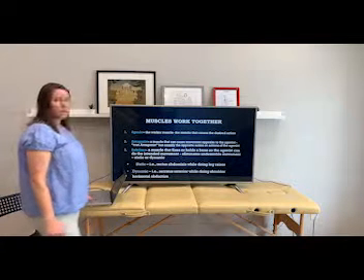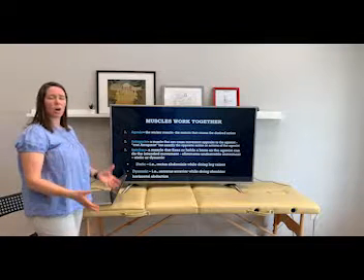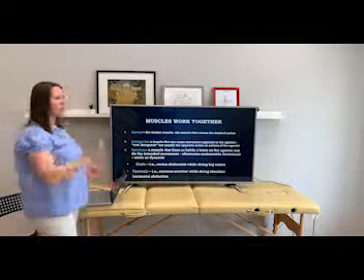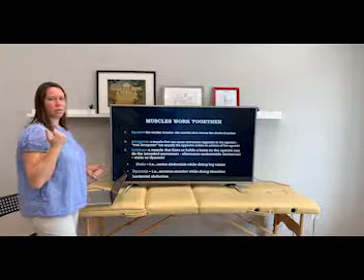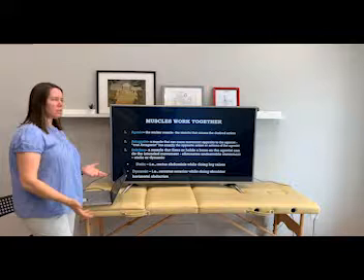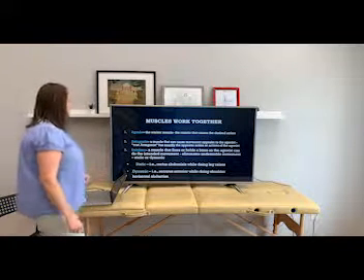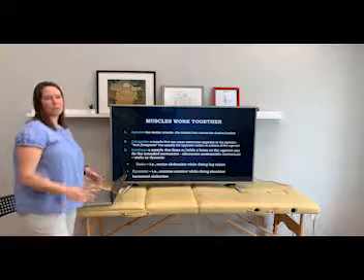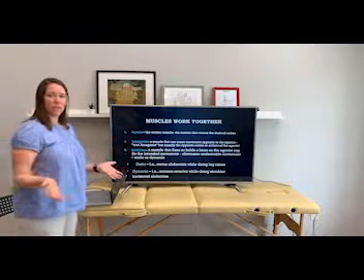The agonist is the main muscle that's causing the movement. So when we talk about elbow flexion, what is the agonist for elbow flexion? It's the biceps. That's the main muscle that's performing that action. The antagonist is the muscle that has the opposite action as the agonist.